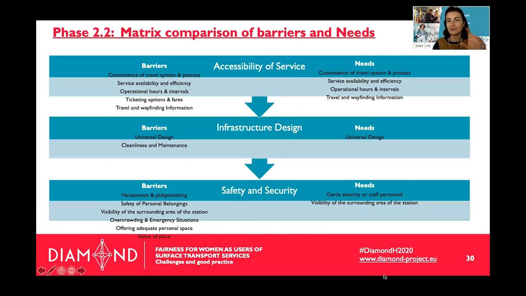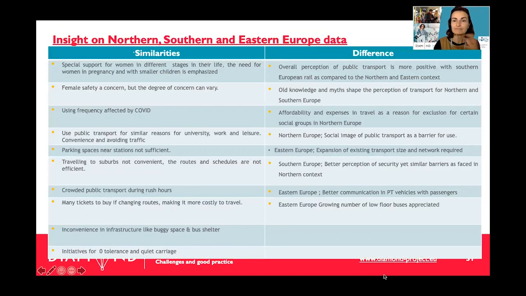And then we distinguished between barriers and needs. The barriers are the characteristics that are perceived to be a problem, and the needs are the ones that emerge as something that has to be satisfied, and were pointed out in the three areas. And we were also able to point out some similarities and differences across the three European case studies that we were able to directly approach.